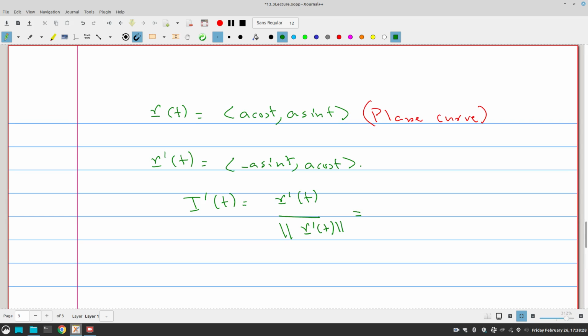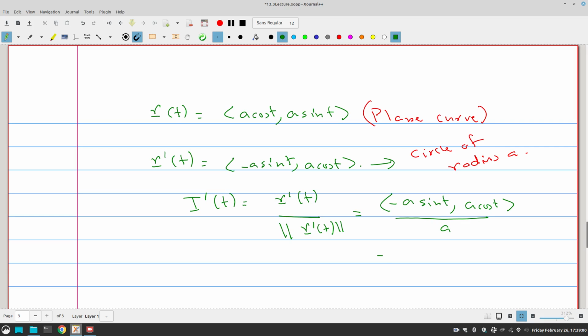So the tangent vector is equal to negative a sine t, a cosine t, and the modulus is of course equal to a. This is basically a circle of radius a.